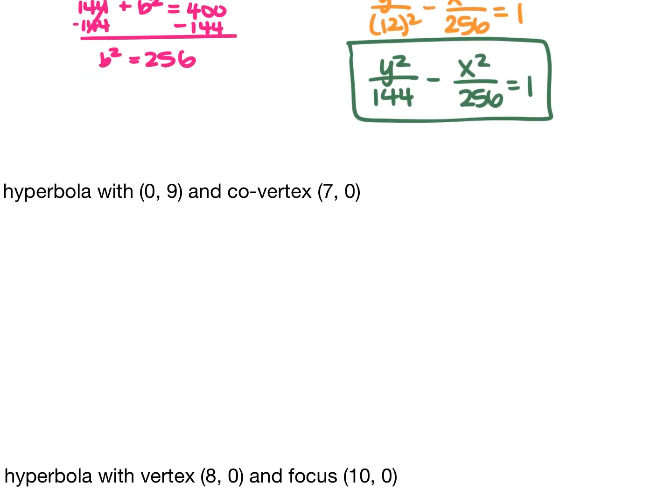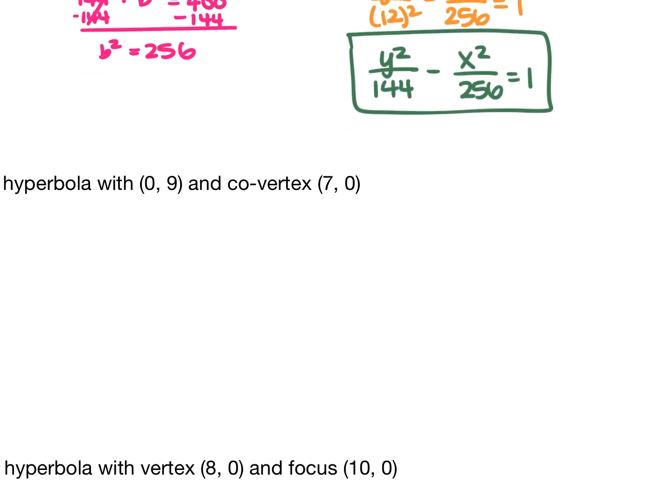For example C, you have a hyperbola with a vertex of 0, 9, so that means A is equal to 9, and a covertex of 7, 0, so B is equal to 7. Your A is in the Y place value, so you're going to do Y squared over A squared minus X squared over B squared is equal to 1.